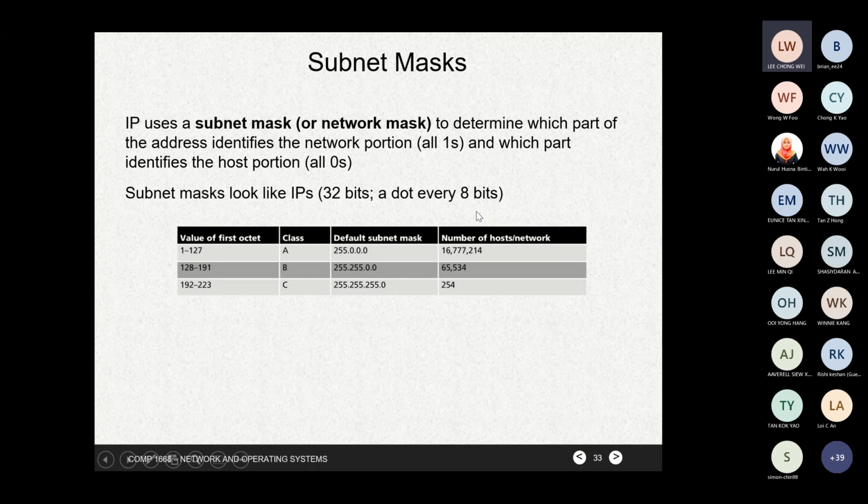For example, for class A, the range starts from 255.0.0.0. For class B, it starts with 255.255. Over here, 24 bits, over here 16 bits, over here 8 bits. So that's how the subnet mask is compared to the IP address.